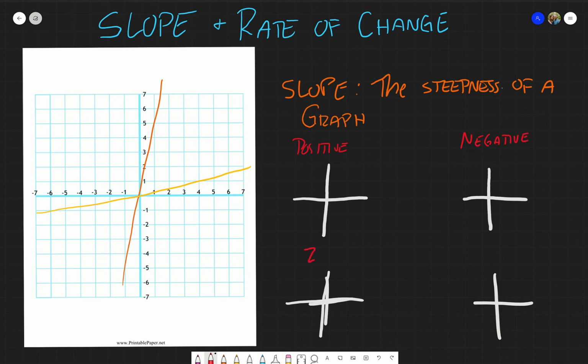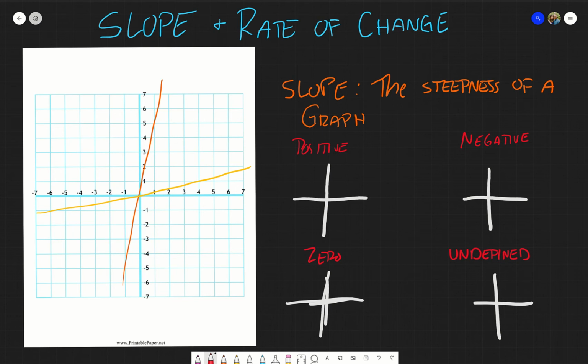We have a 0 slope. And we have an undefined slope. So we have a positive, negative, 0, and undefined.